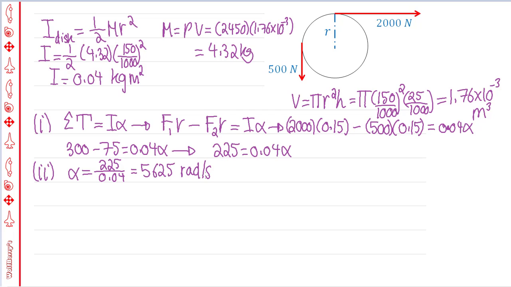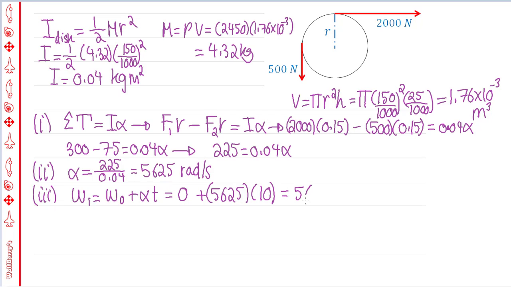Now, third part asks us to find the angular speed after 10 seconds. In order to do this, we're going to use the constant acceleration formula. We know this because the acceleration is constant. We found it in the last question. It's one number. So the equation we're going to use is v equals u plus at, but in the rotational terms, equals, the initial speed is 0, so it started from rest, plus alpha 5625, all multiplied by the time taken, which is 10.